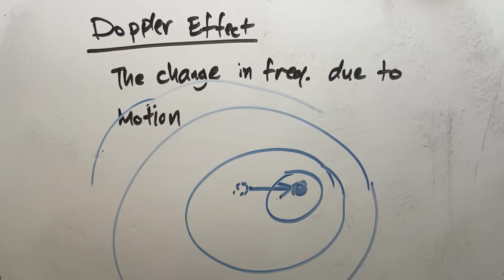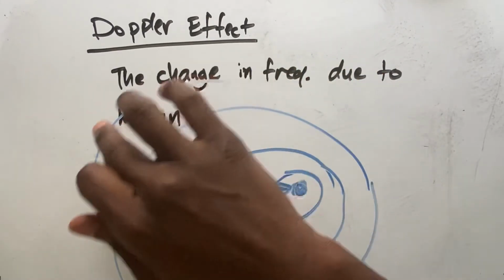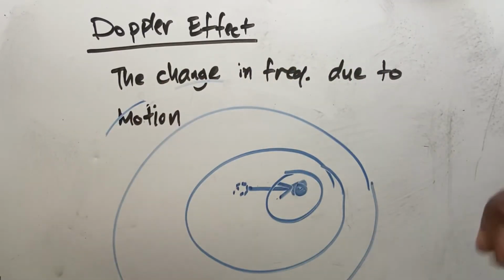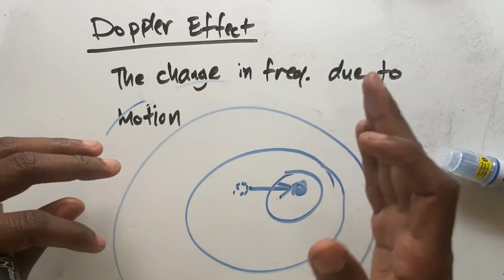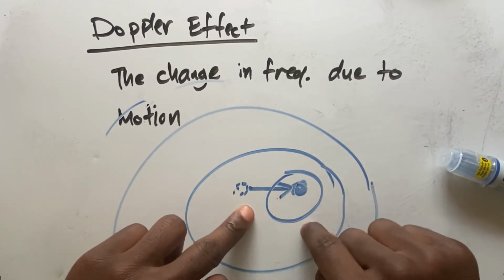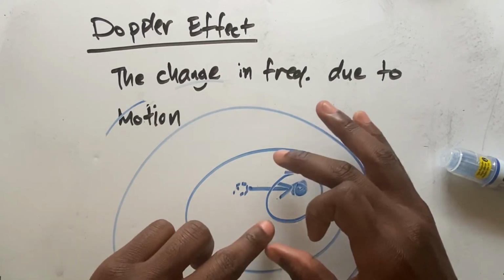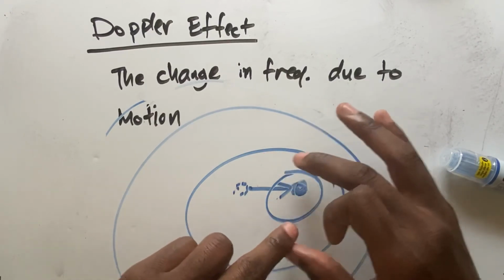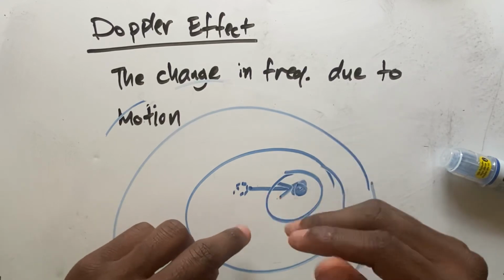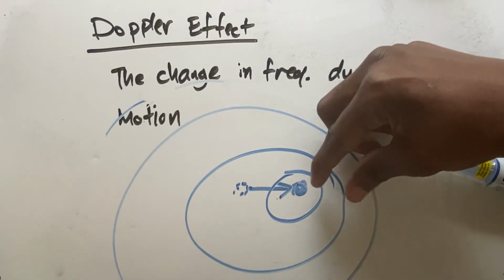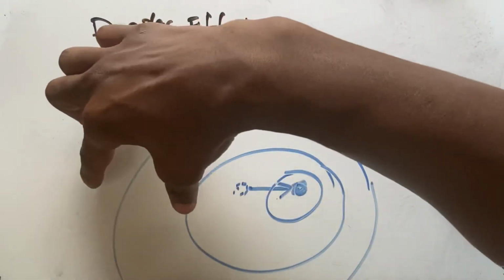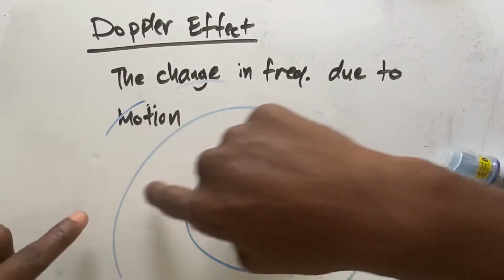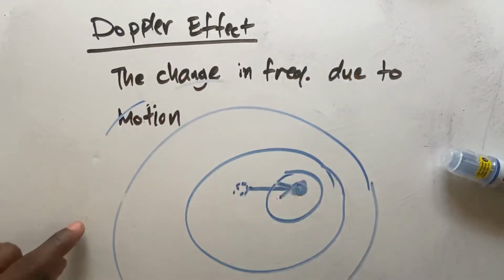Boom, right? Notice the waves are skewed to the right, because as he moves this way, he's moving the wave front to the right. It's getting shorter here because he's moving in this direction, but it's getting longer behind him because he's moving away from it.